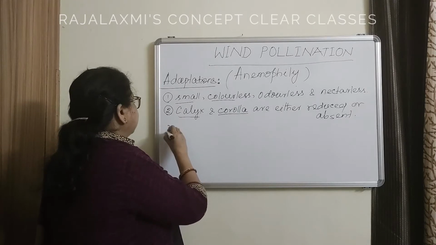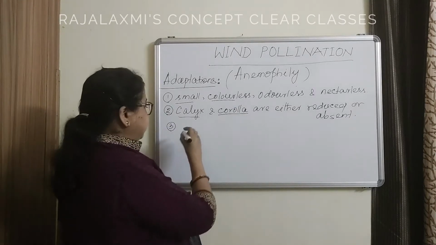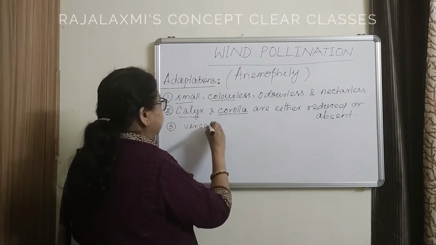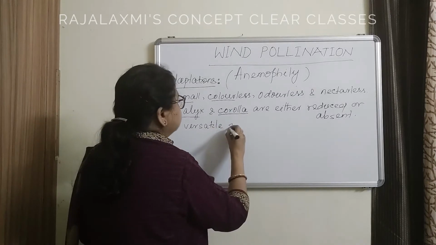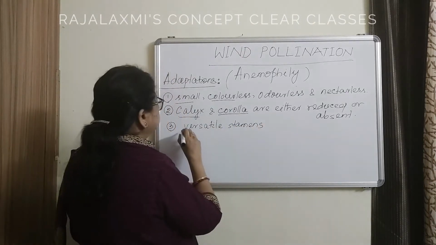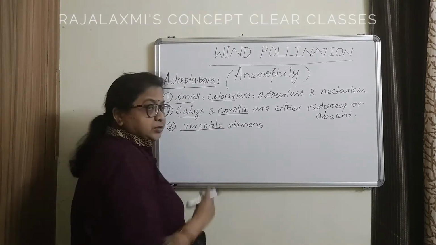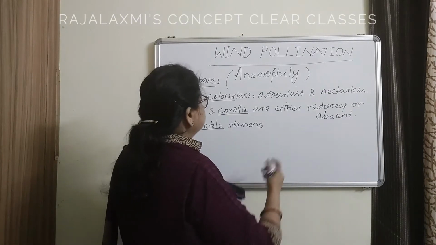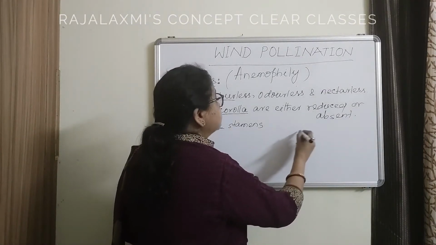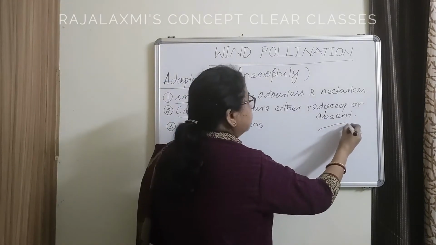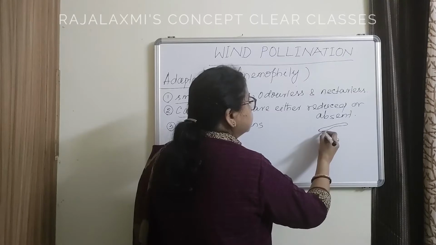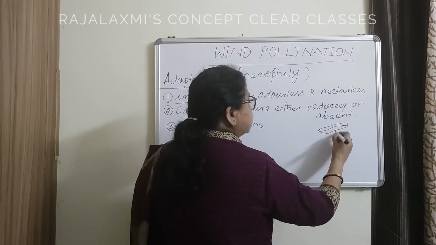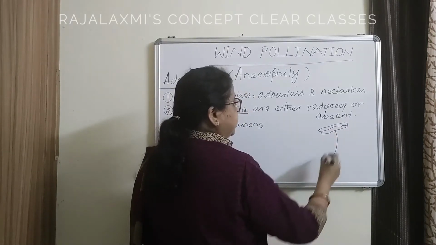Then the third adaptation is that these flowers have versatile stamens. In case of versatile stamens, generally the anthers are long and attached to the filament by a point.